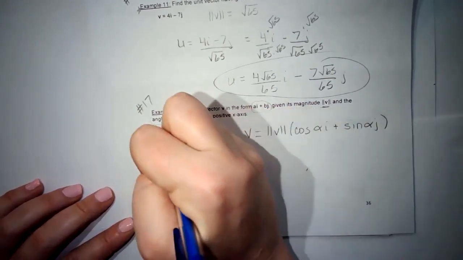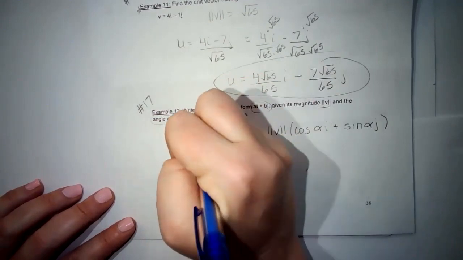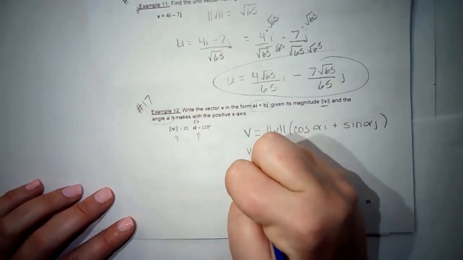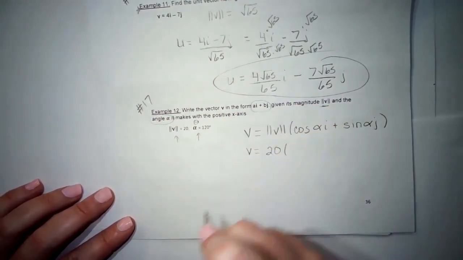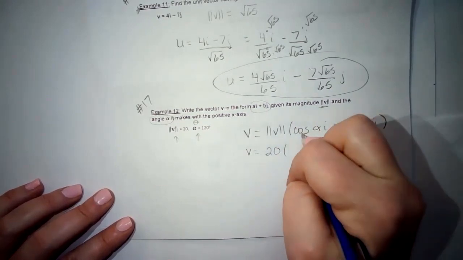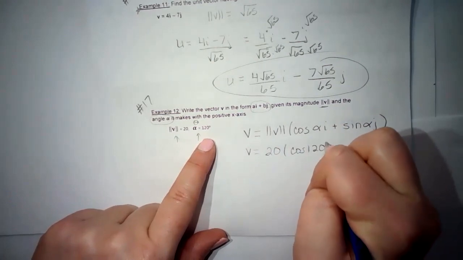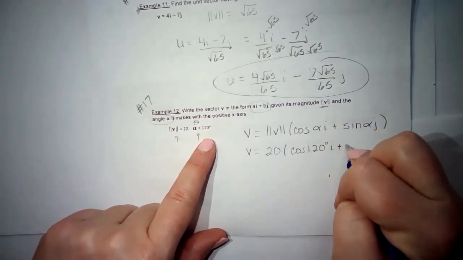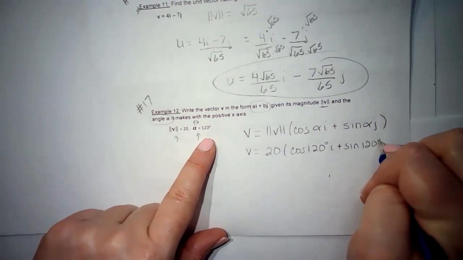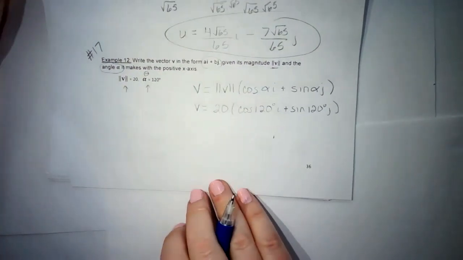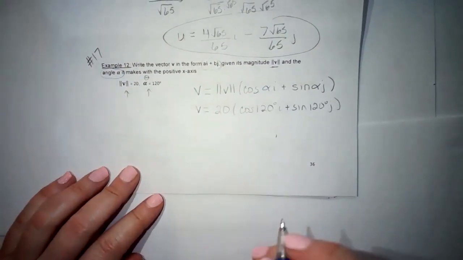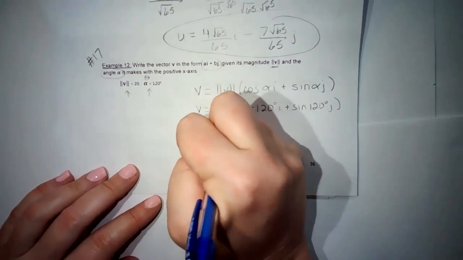All right, so here's my magnitude. Here's my angle. I'm just going to fill it right on in. I'm going to have a 20 out in front. Cosine alpha means cosine of 120 i plus sine of 120 j. I'm going to keep going, 20 out in front.